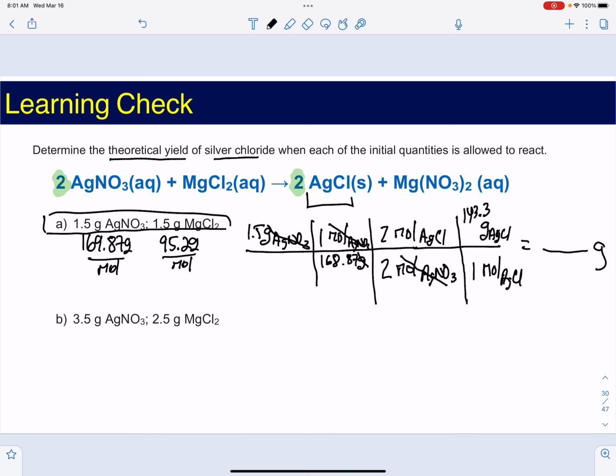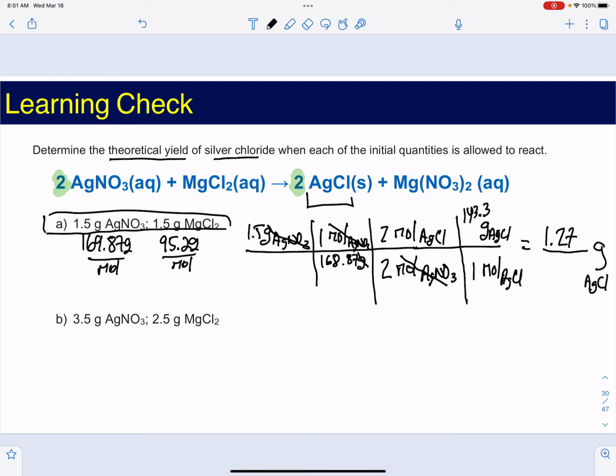In theory, we should get then, let's do this, 1.5 grams multiplied by 1, multiplied by 2, multiplied by 143.3, divided by 168.87, divided by 2, divided by 1, and that's going to be 1.27 grams. So, if the silver nitrate was the limiting reactant, then we will produce 1.27 grams of silver chloride.